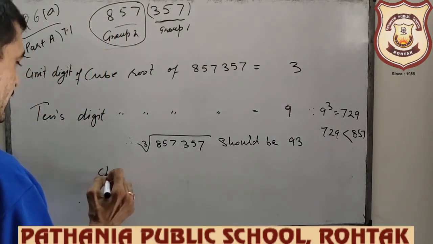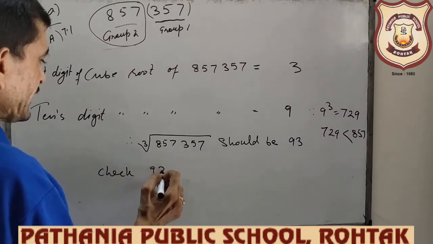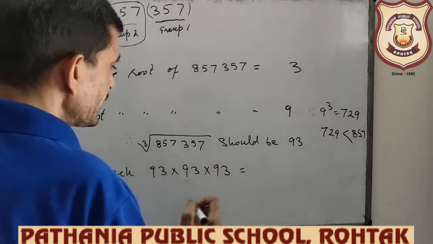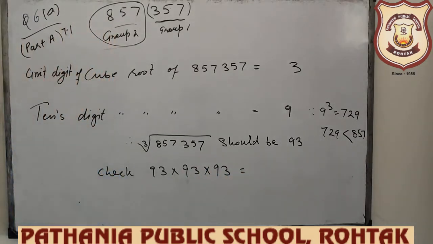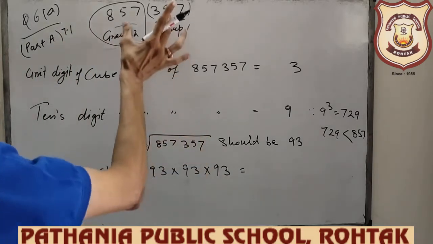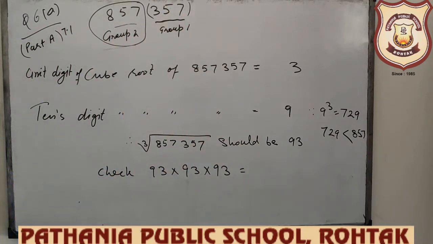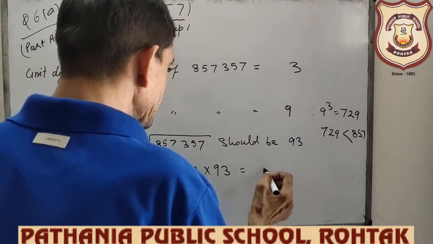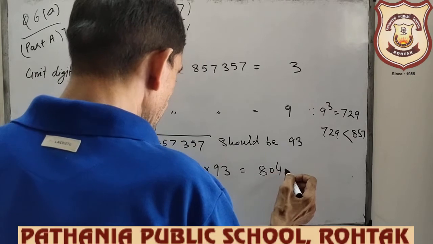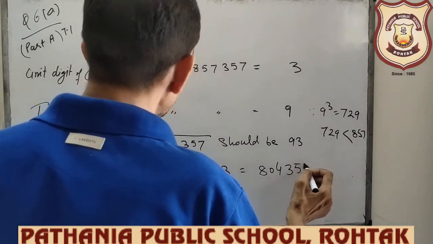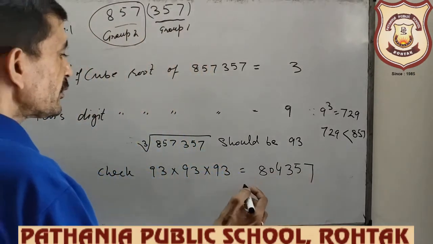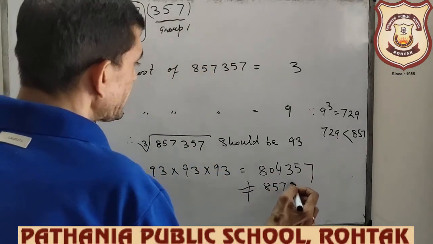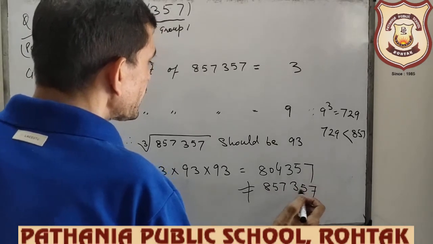Now check, what is 93 into 93 into 93 by actual calculation. If the product is this number, then it will be a perfect cube. But the product of these three numbers, 93, 93, 93, is 804,357, which is not equal to 857,357.